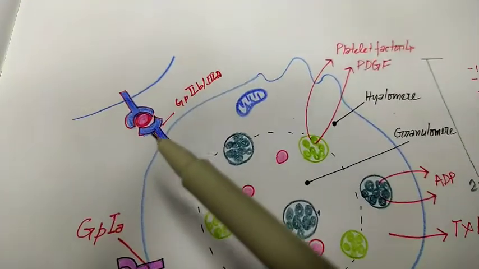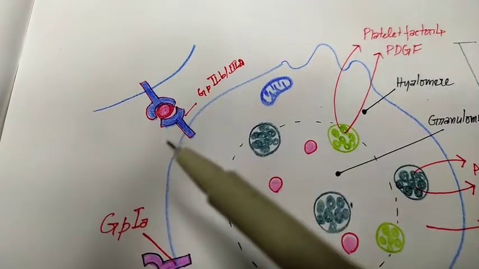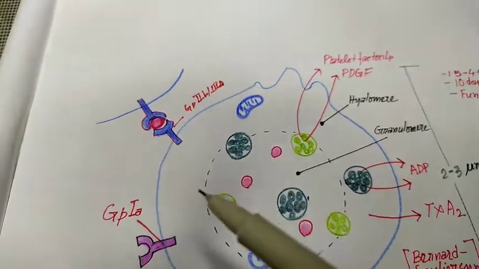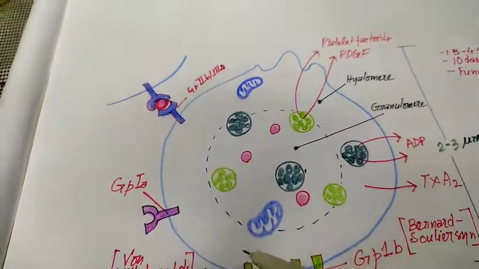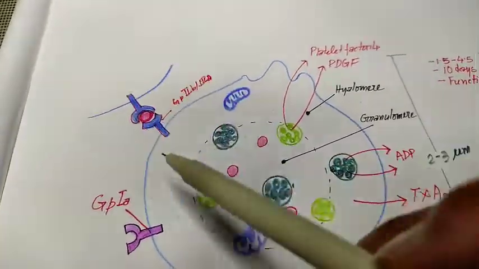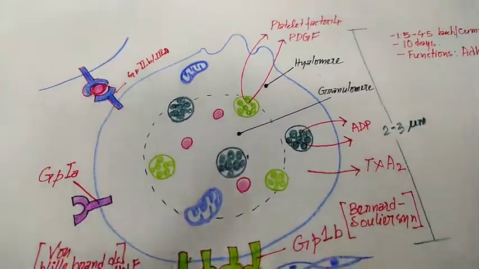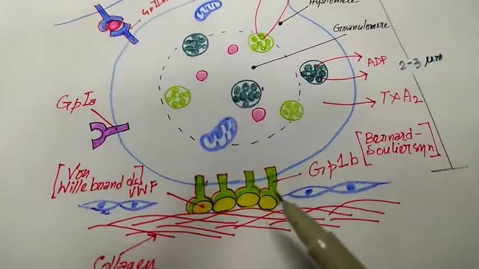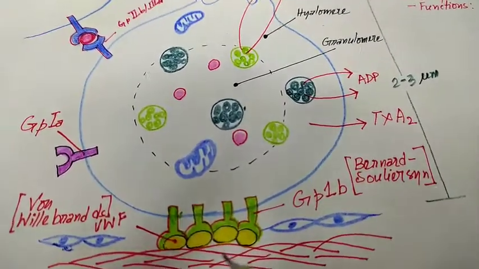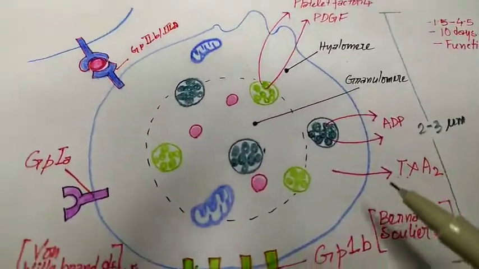Now coming to the next receptor, that is Gp2b3a. This receptor is important for the process of aggregation. That means there is attachment of one platelet with another, and this attachment process is vital for the formation of platelet plugs. So first there is adhesion of the platelet with the subendothelial collagen, and this process will lead to activation of platelets.